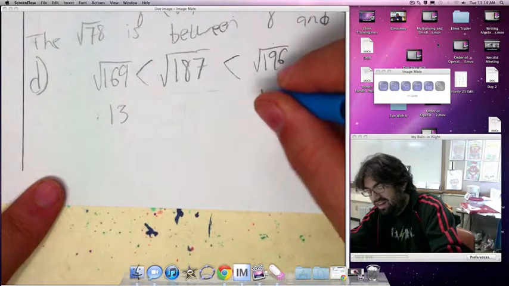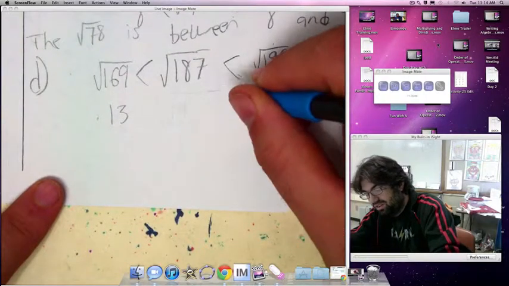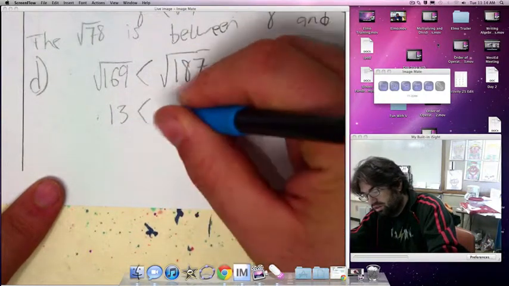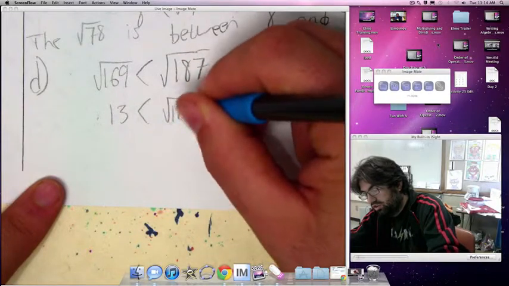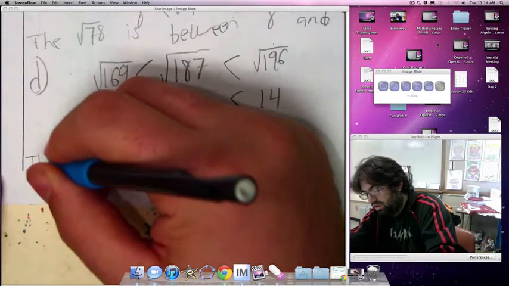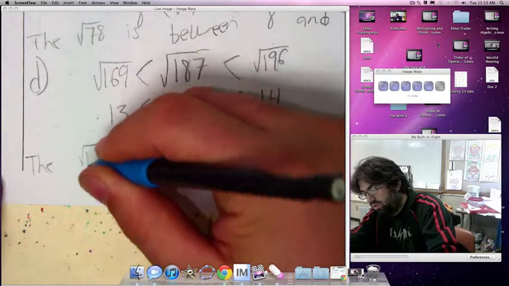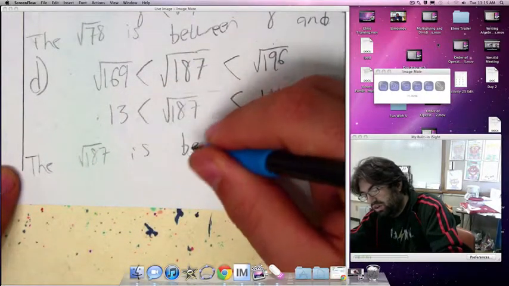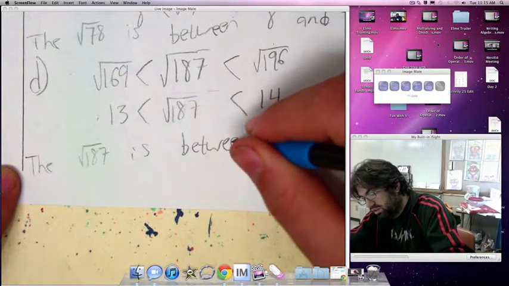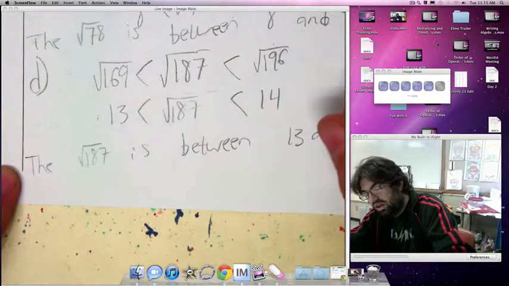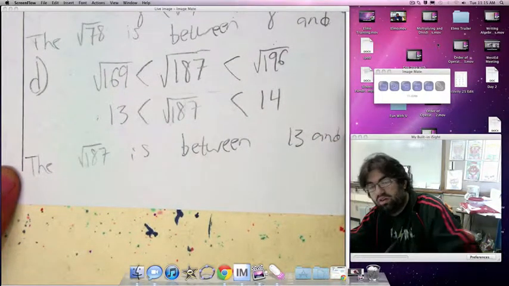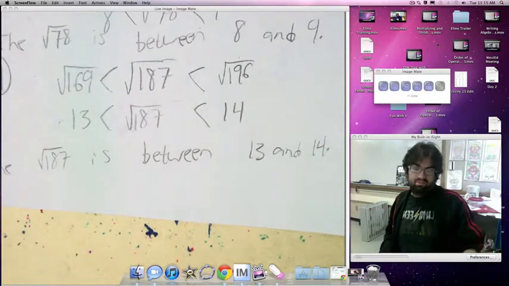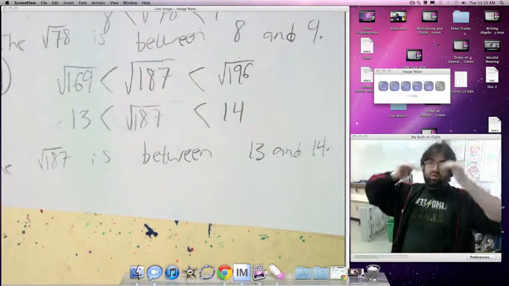Square root of 196 is 14. So, square root of 187 is between 13 and 14. That's it for estimating, really.